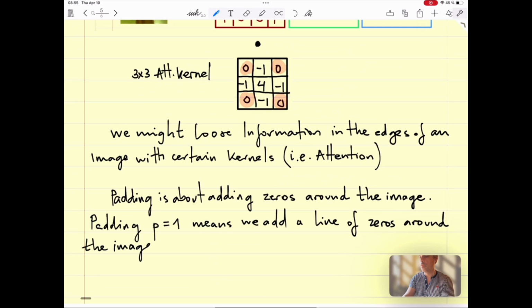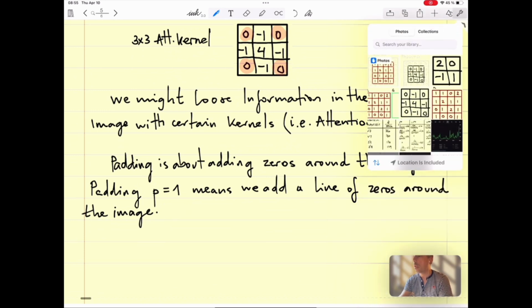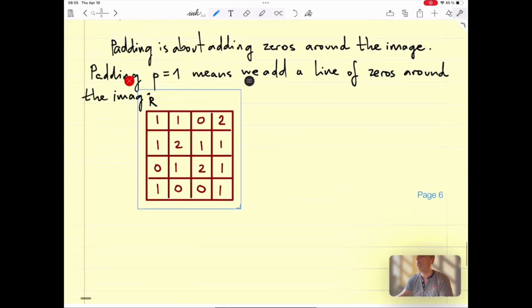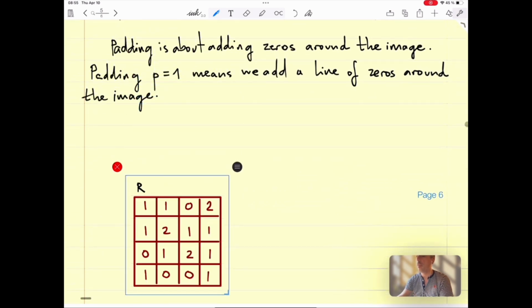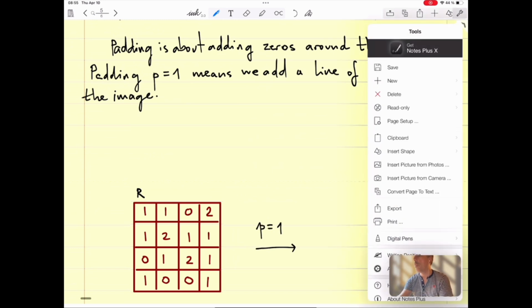So we're not adding any information there, we're just adding zeros. What for? For the case that when we have this, and with a padding of 1, we transform this into this.